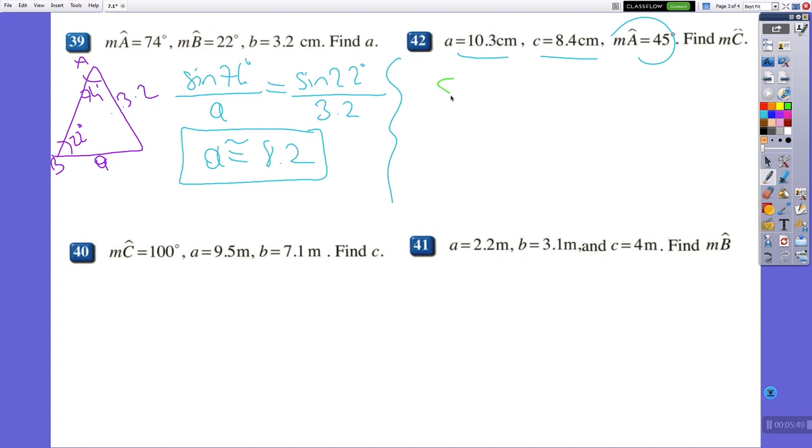Sine of A, which is sine of 45, divided by the side written opposite, which is A, so 10.3, is equal to angle C is missing, so sine C over side length C, which is 8.4. Cross product and isolate sine C.